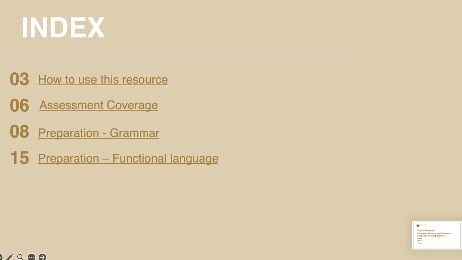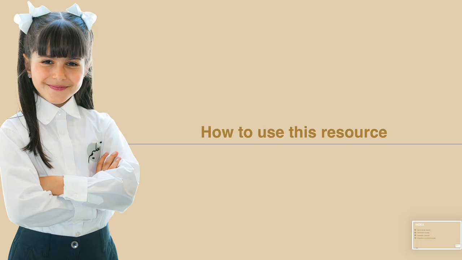It tells us that the material is organized into 4 main sections: guidance on how to use the resource effectively, what topics are covered in the assessment, grammar preparation for the term, and functional language preparation. Each section is linked to the corresponding slide number for easy navigation.